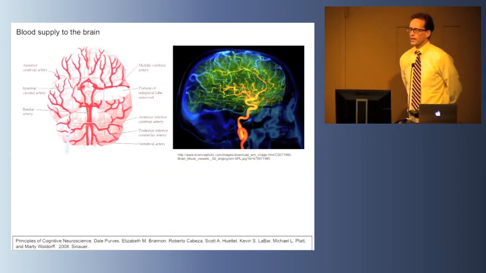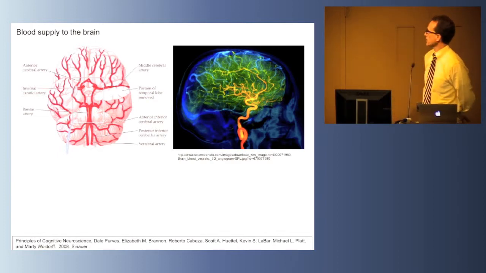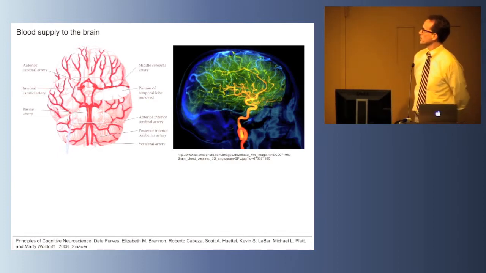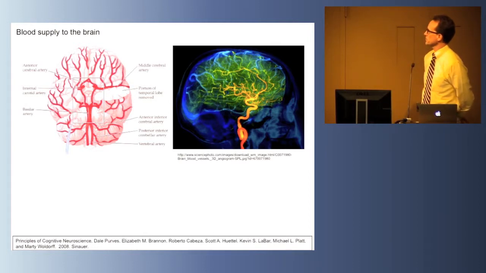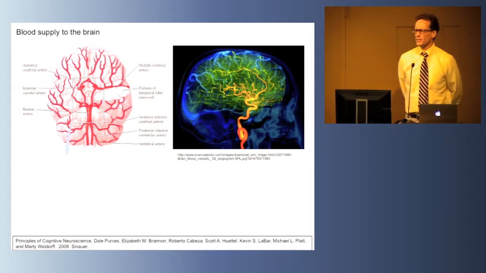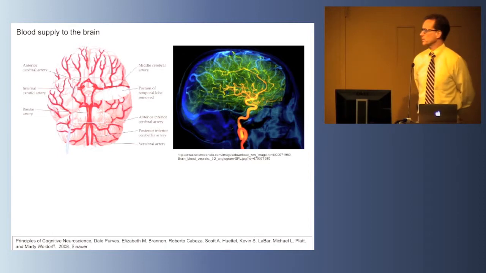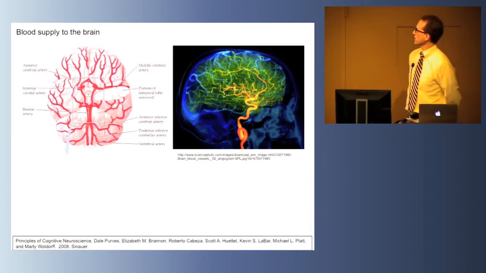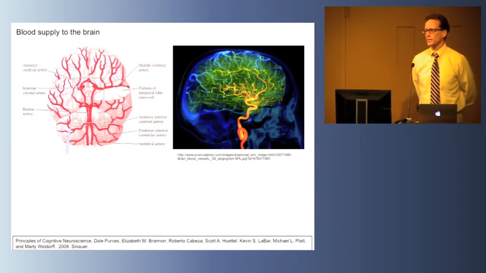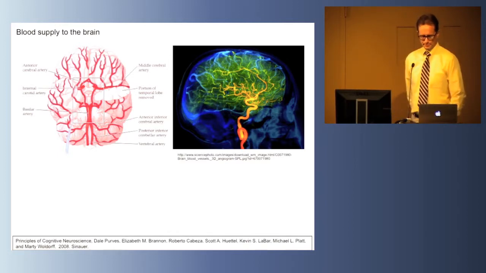Now, I talked to you in a previous lecture about the blood supply to the brain. This on the left is an anatomical image labeling the different arteries as they project to different parts of the cerebral cortex. And on the right is a pretty image reminding us of the dense blood supply to the brain.